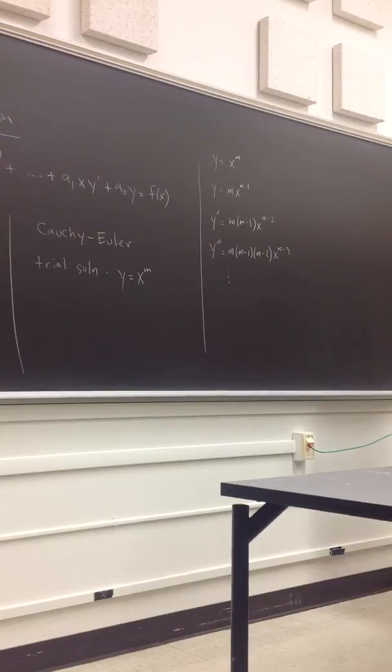The key thing that makes the Cauchy-Euler equation a Cauchy-Euler is that the order of the derivative equals the power of x.